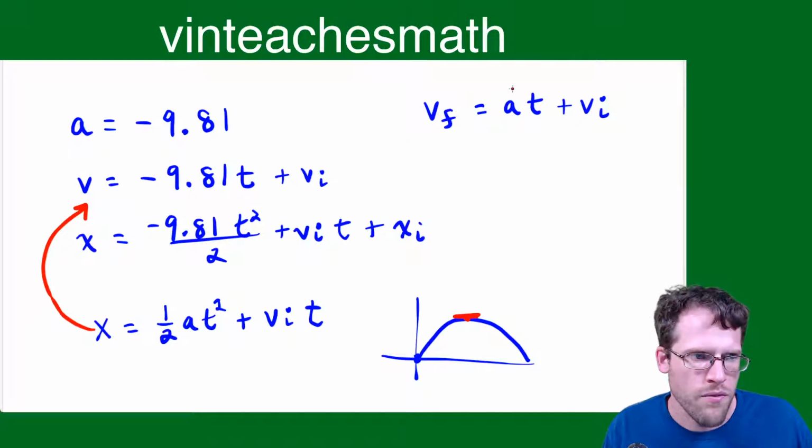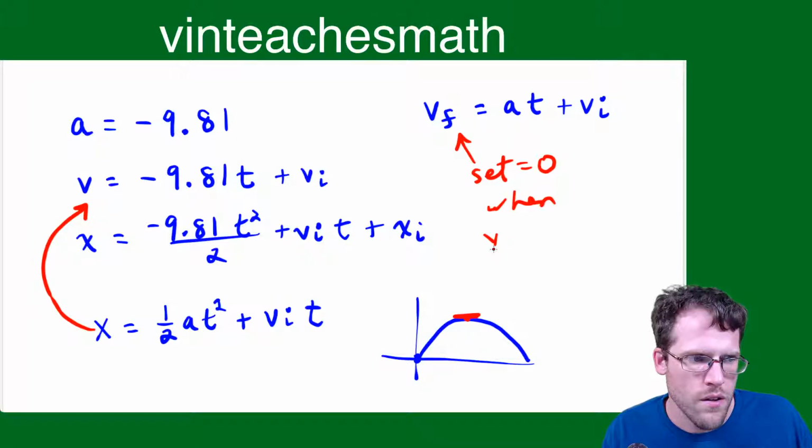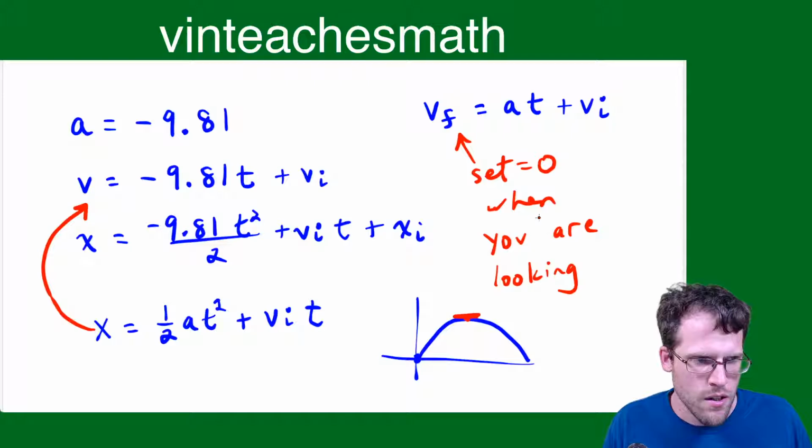So that's why, like the final velocity formula, you set this equal to 0 when you are looking for max height. This is just some ideas I remember, but the calculus behind it is what makes it make sense when you don't have a reference sheet. So set the final velocity equal to 0 when you are looking for max height.